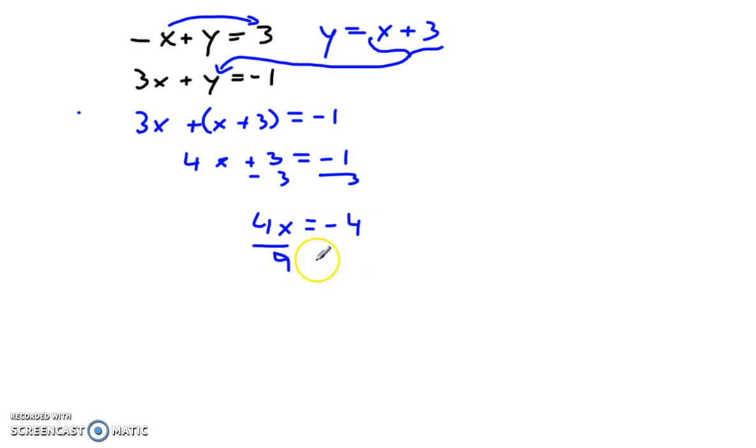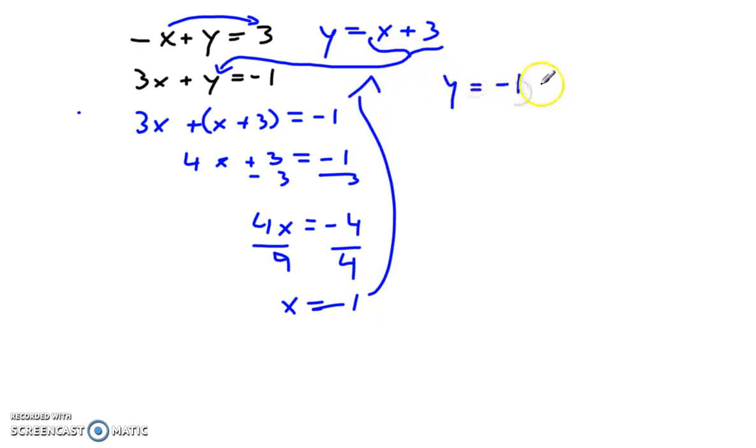Divide by 4. X is equal to negative 1. Now we're going to plug that back in up here. And y is equal to negative 1 plus 3. So y is equal to 2. My solution is negative 1. Oh, goodness. Negative 1 and 2.